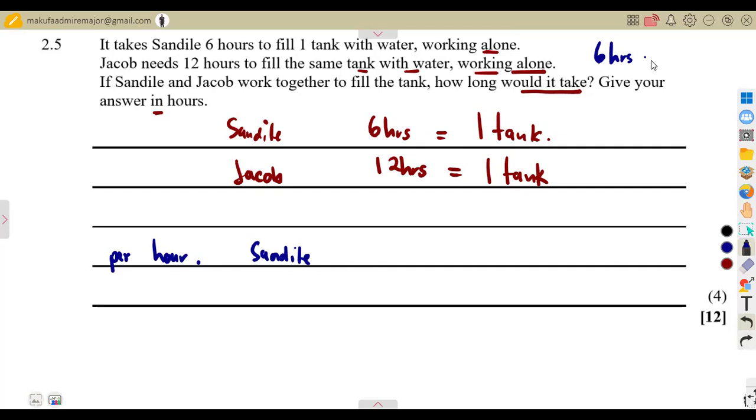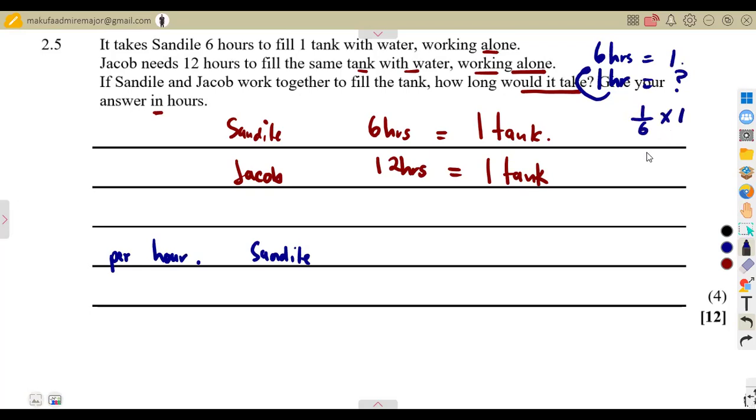What about 1 hour? In an hour, how many parts of the tank is she going to fill? Because 6 hours is a full tank, 1 hour is going to be less. So that's 1/6 times 1.